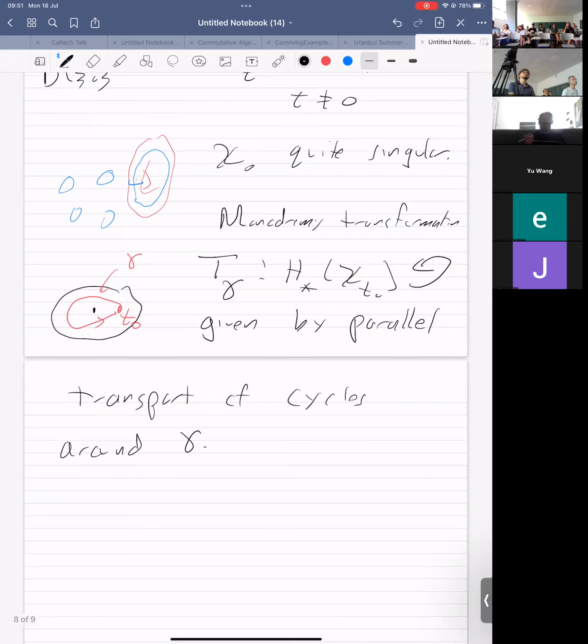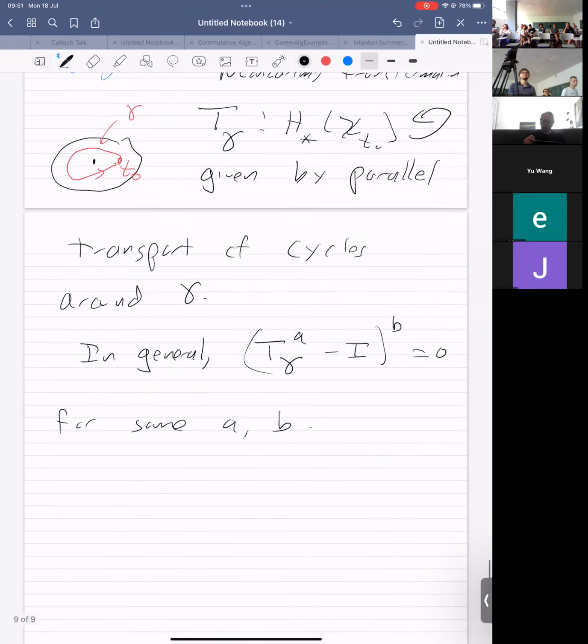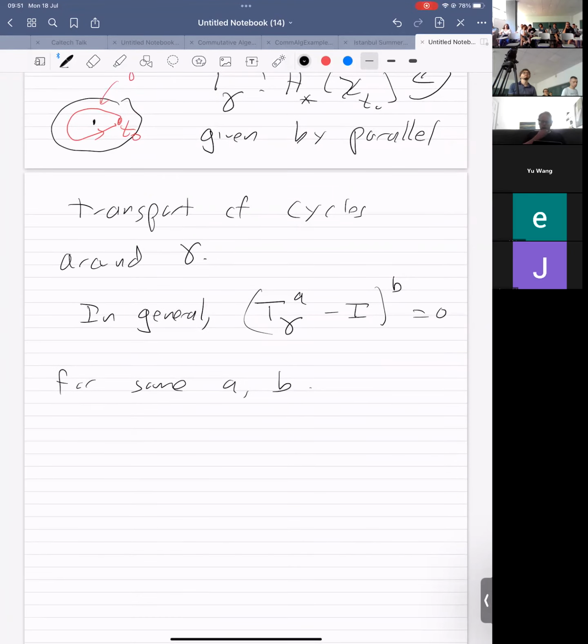Now, it follows from general Hodge theory that there are some integers a and b such that (T_gamma^a minus the identity) to the power b equals 0. This is called quasi-unipotent monodromy. T_gamma is quasi-unipotent.